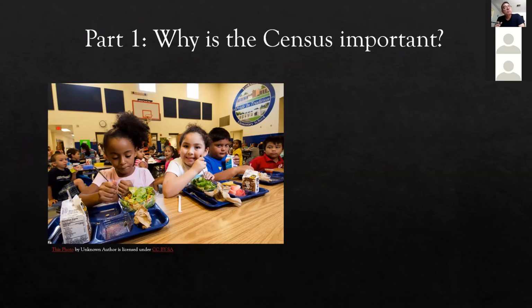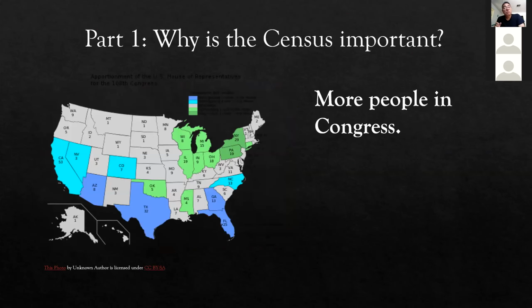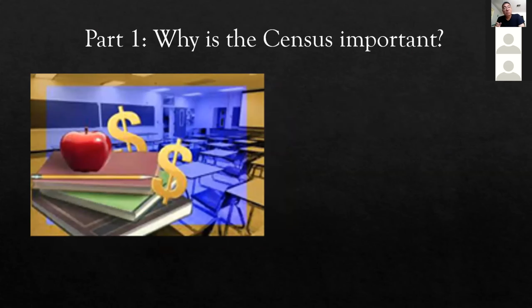Why is the census important? You can say, oh, this is money for school lunch. Right, money for school lunch. This is number 2. And let's do number 3. This one. Number 3.